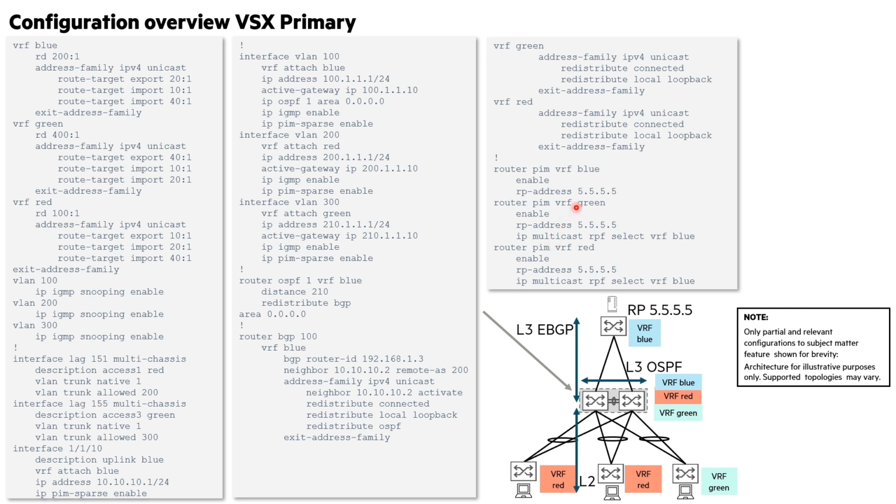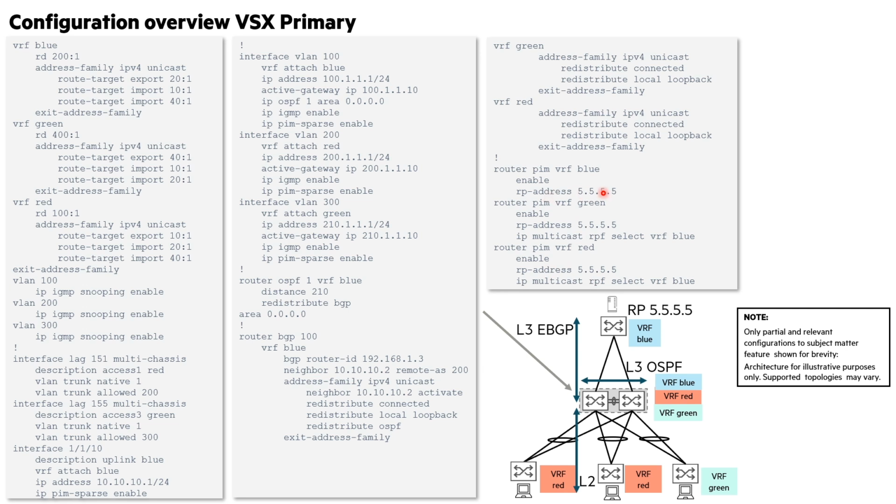Green is the host VRF and blue is being leaked into there, and similarly red VRF is the host VRF and blue is leaking into that. You must define the RP statically.